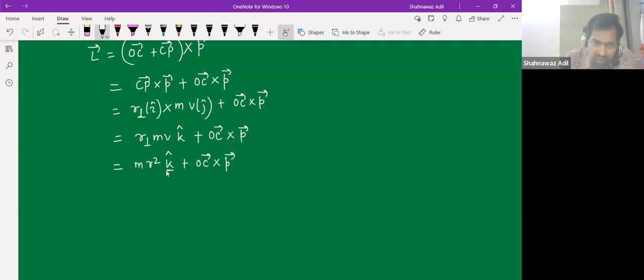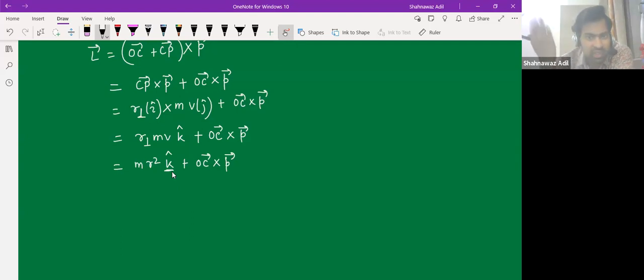So this is what direction, guys? Positive K hat. What is K hat direction? Perpendicular to I and J. Absolutely right. So what is that direction?